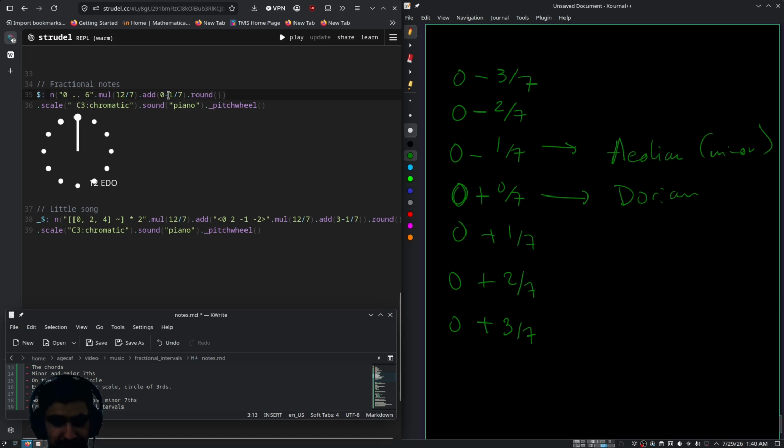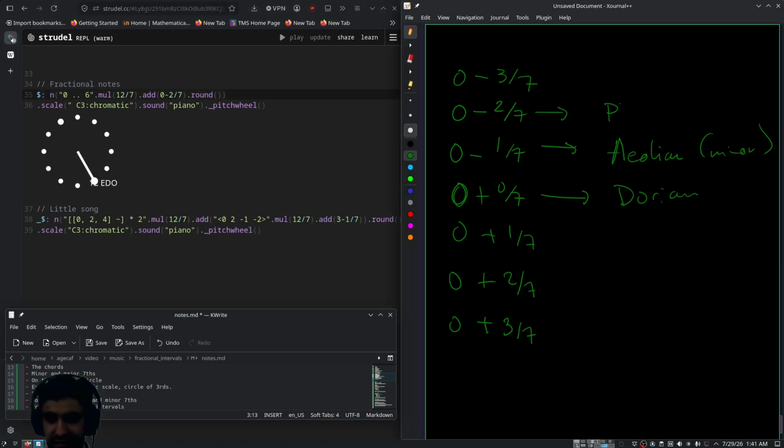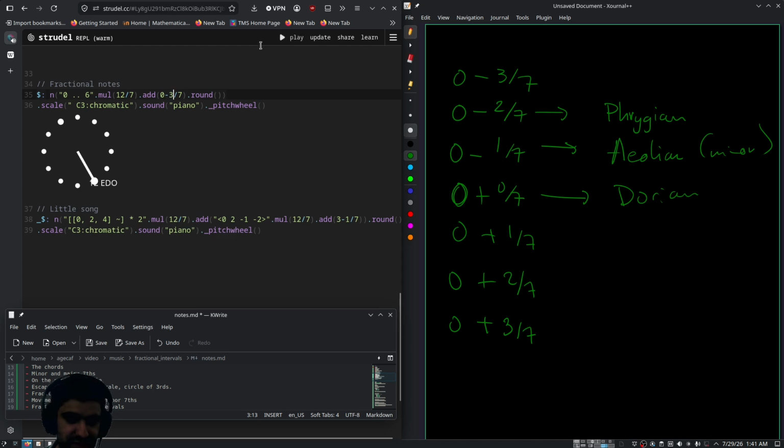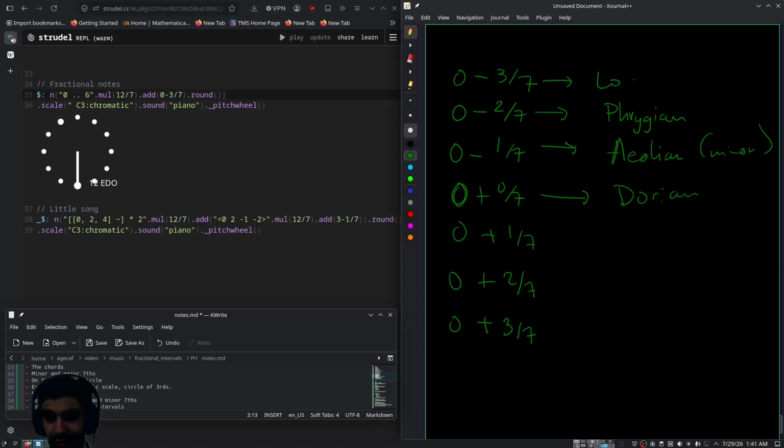If you have minus 2 over 7, now the second is minor, and that gives us the Phrygian mode. And if we do 0 minus 3 over 7, we lose our perfect fifth, because we are now in Locrian mode.